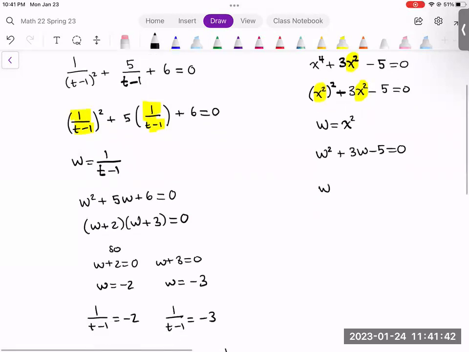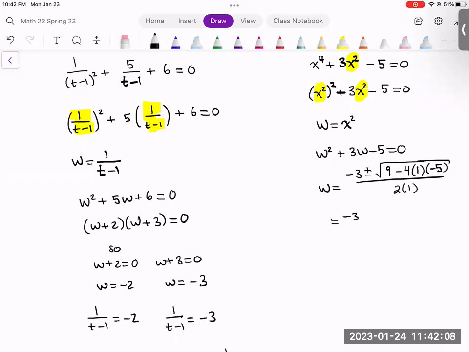So I'm going to write down my solutions. They're given by -b, so -3 plus or minus the square root of 3 squared, or 9, minus 4 times a, which is 1, times c, which is -5, all divided by 2 times a.